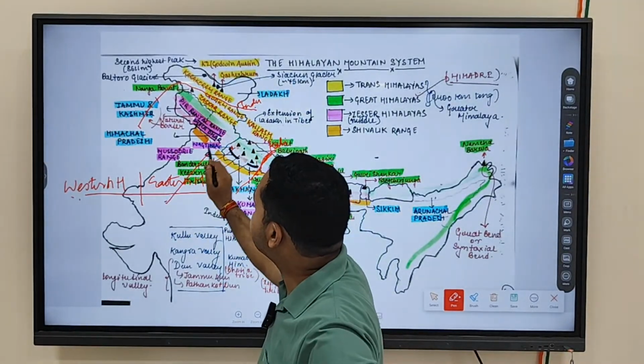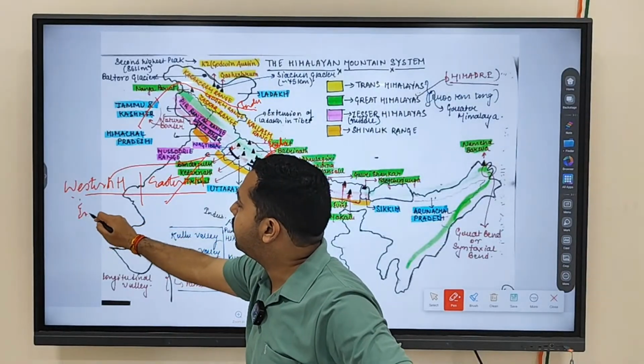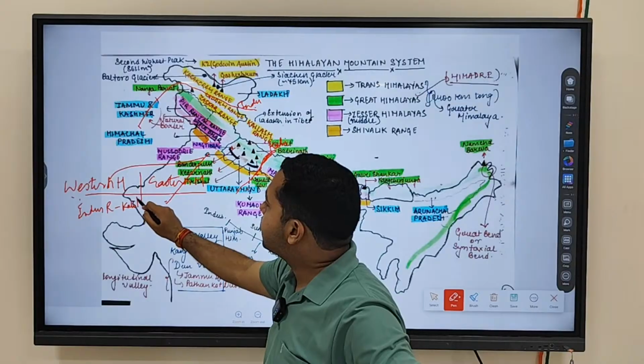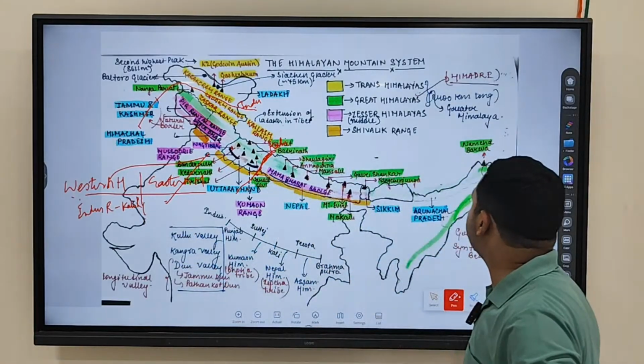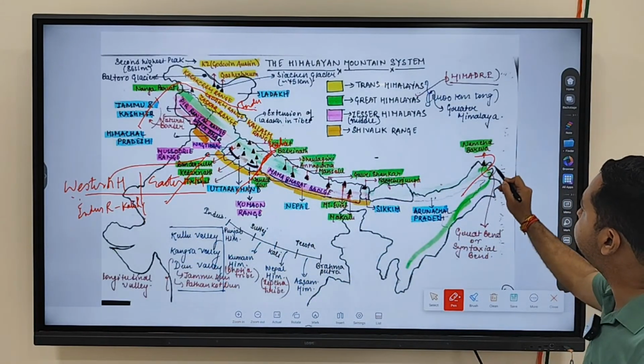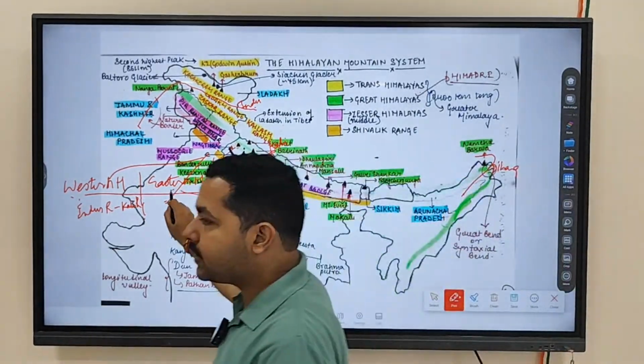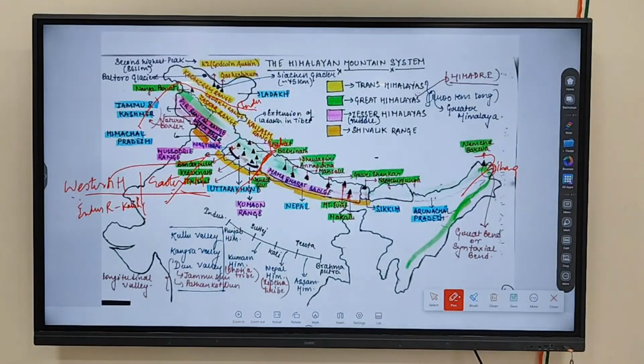Western Himalayas. And from Kali river to Dihang river, it is known as Eastern Himalayas. Fine.